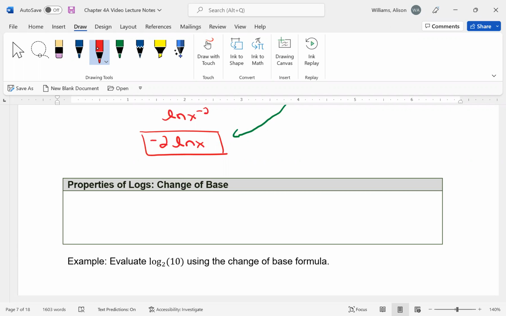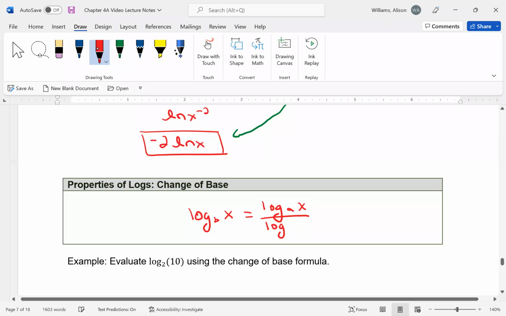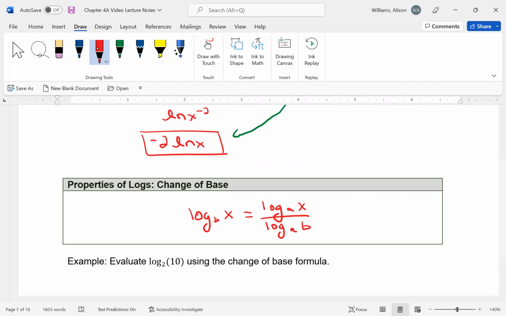So the change of base property says this: if you have log base b of x, it can be rewritten using any other base we want as log base a of x over log base a of b. So we can take any other log we want and just rewrite log base b of x as log base a of x over log base a of b. So the same log in the numerator and denominator, of x and then of b.